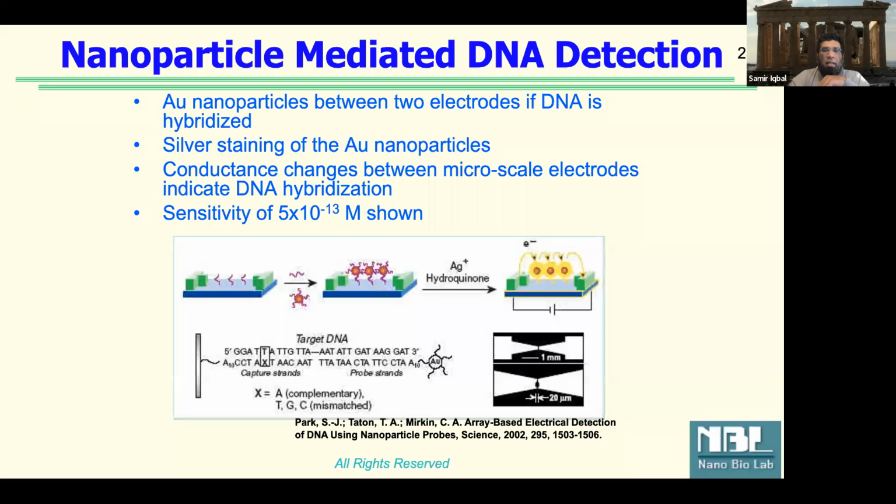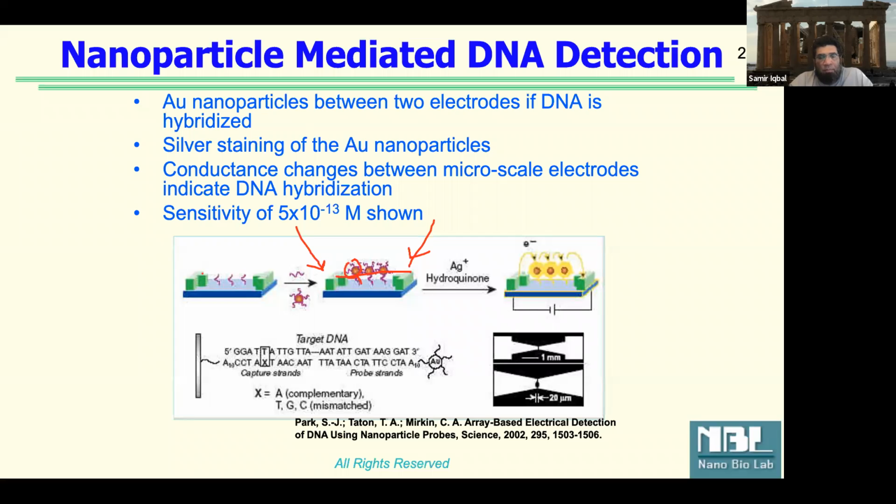So when the binding occurs, they introduce nanoparticles to increase the conductivity. So once these come with selective binding, you get the increase in current between those two electrodes. So basically, ramp the voltage and measure the current. That gives you change in current, change in resistance.